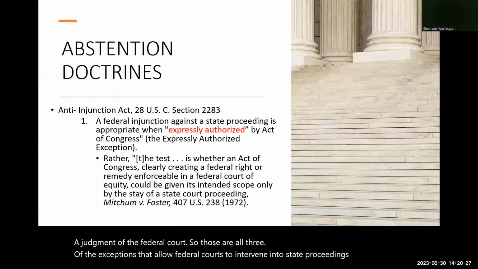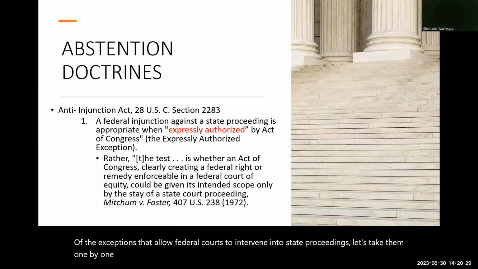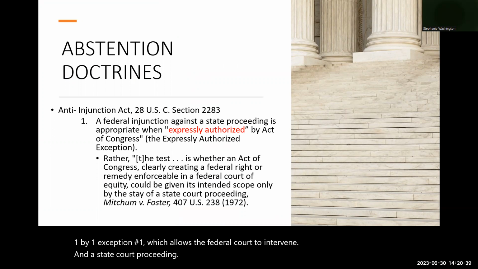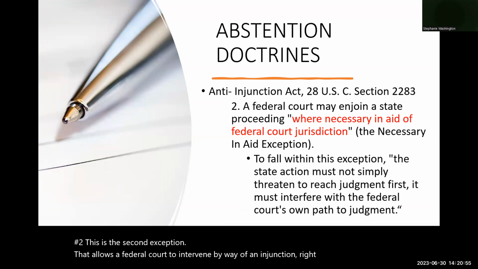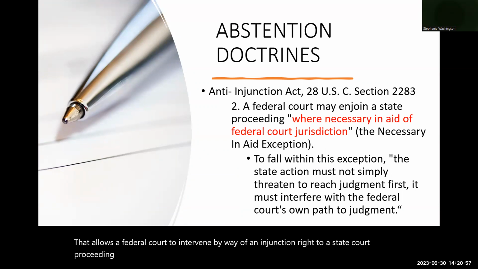Let's take them one by one. Exception number one allows the federal court to intervene in a state court proceeding if Congress expressly authorizes. Boom. Number two, this is the second exception that allows a federal court to intervene by way of an injunction to a state court proceeding where it's necessary in aid of federal court jurisdiction.